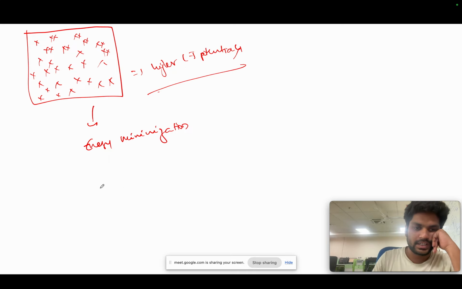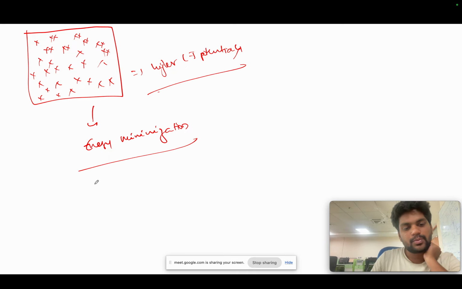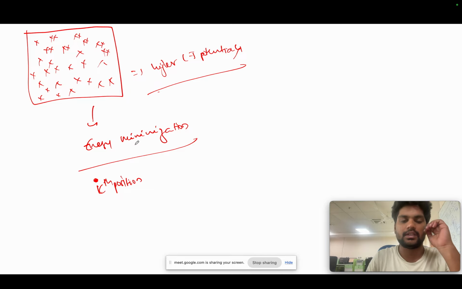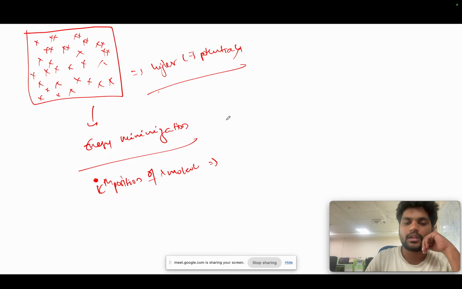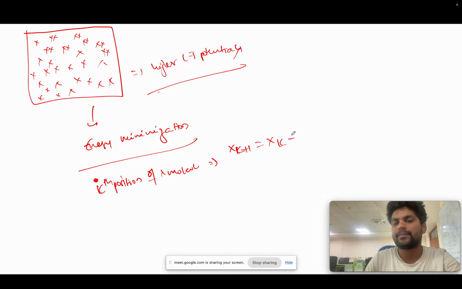How can we attain this? Say suppose we have a molecule at the kth position. I will show it in code also, how we are running it in the system. So the kth position of the X molecule. Now what we will do is change this position of X such that X plus 1 is given by this equation.